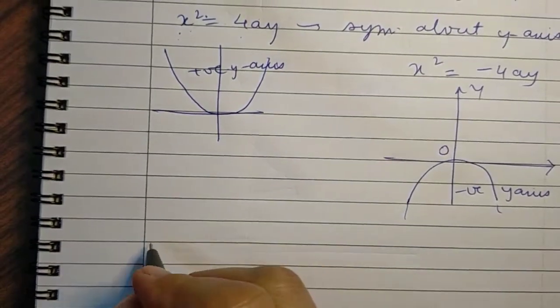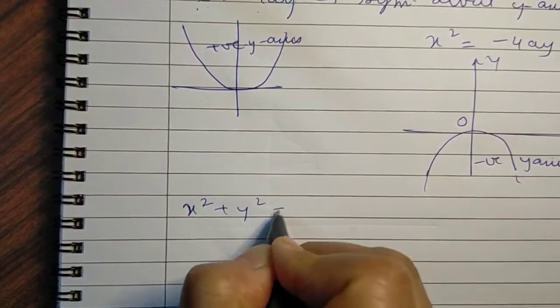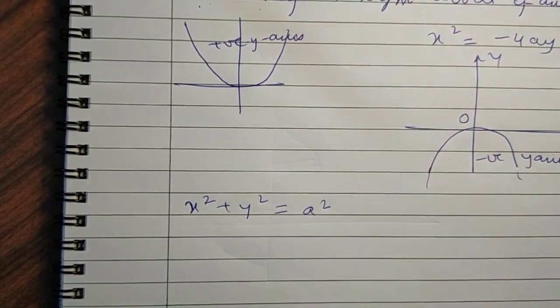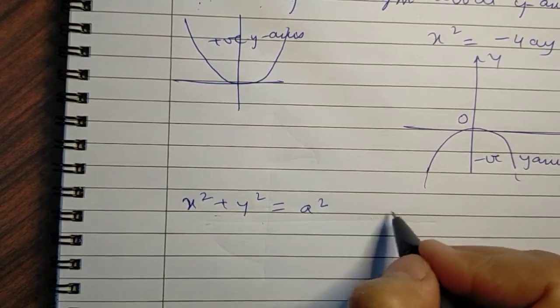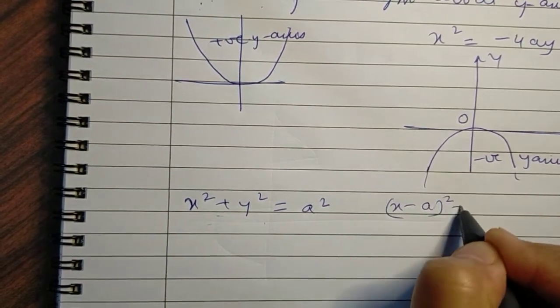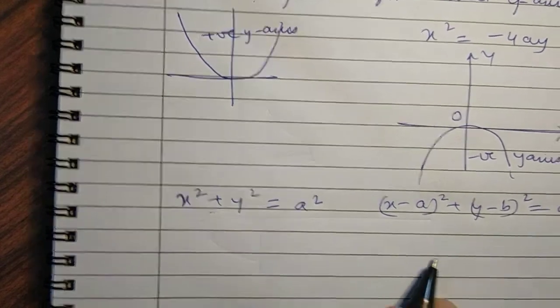Similarly, if you have both in even powers, let's say x squared plus y squared equal to a squared, this is an equation of a circle. The standard form of the equation of a circle is x minus a whole squared plus y minus b whole squared equal to r squared.